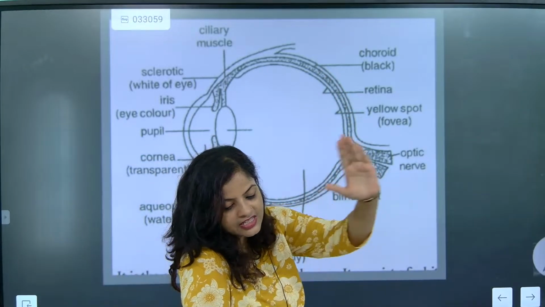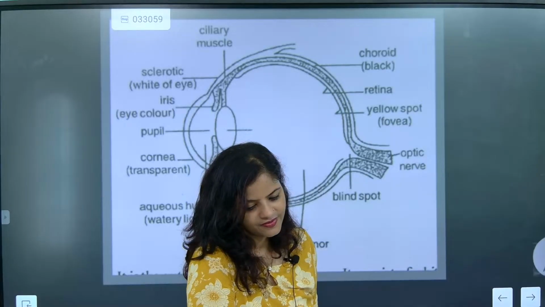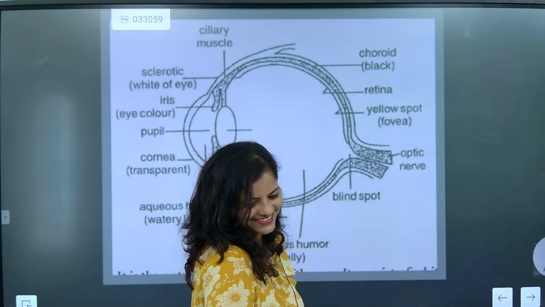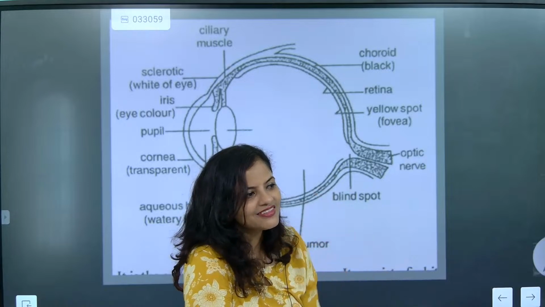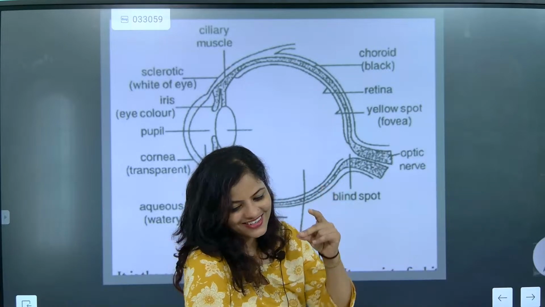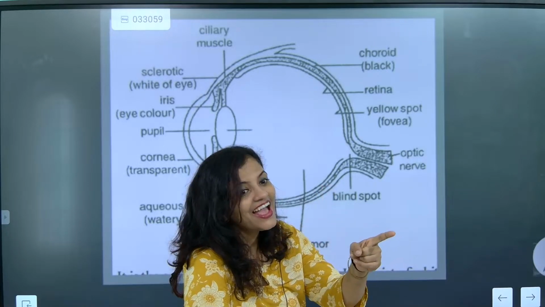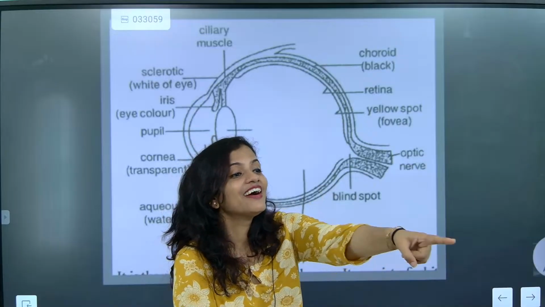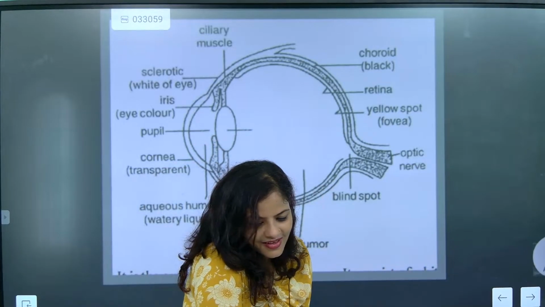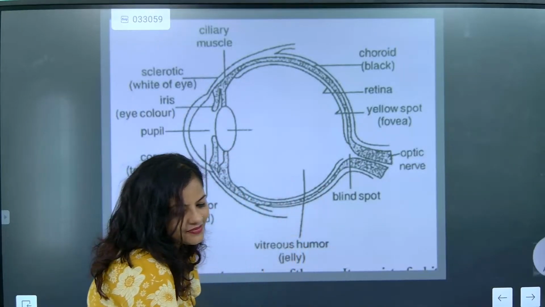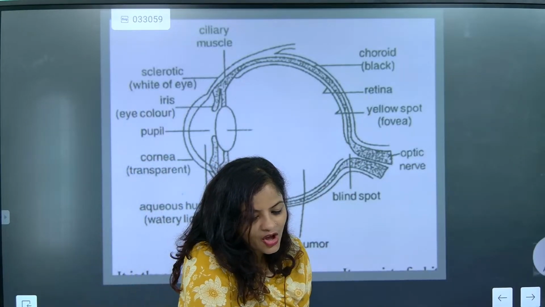What type of cells is the retina filled with, which give vision? Rod cells and cone cells.